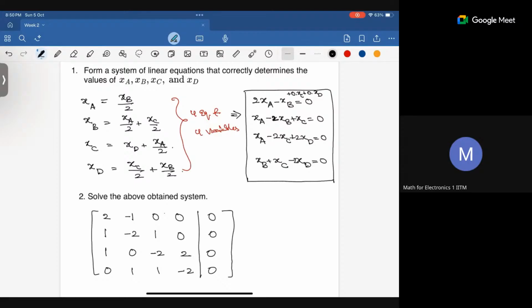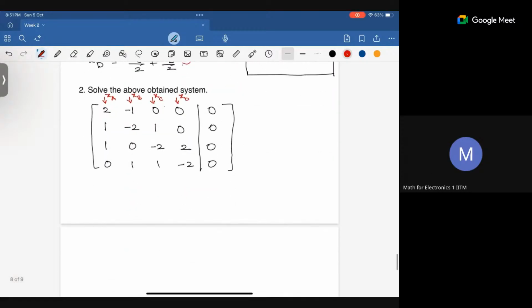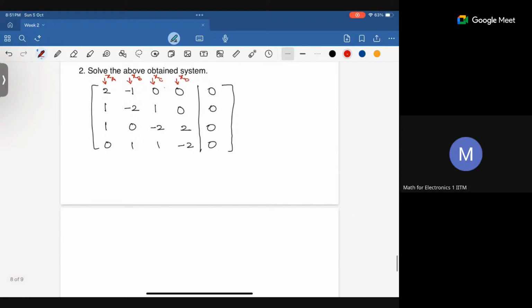So always be careful while you write this. Just make sure that each column you have written is correct. This column should correspond to xc's coefficients in each of the equations. This column corresponds to xb's coefficients in each equation. Similarly, xa and xd. You just cross verify and see that it is consistent.